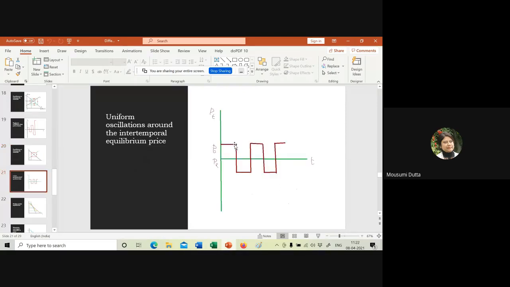If you draw the time path, it will look like this. This length is the same as that, and this is similar to this one. So it is uniform oscillation. It is moving within a band, so we call it uniform oscillations.